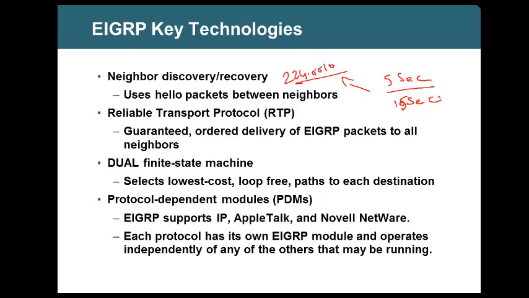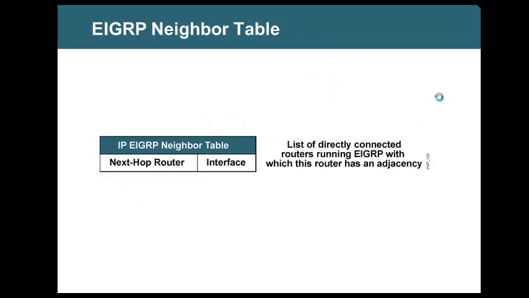Each module is independent from one another. Each protocol has its own EIGRP module and operates independently of any of the others that are running. So you may run one router with both IP EIGRP as well as IPX EIGRP. They are independent. They won't disturb each other.